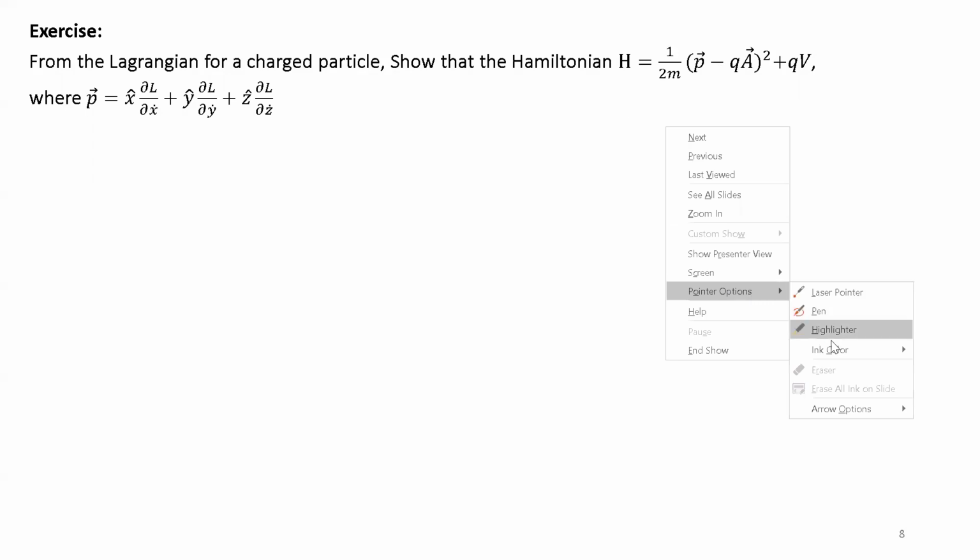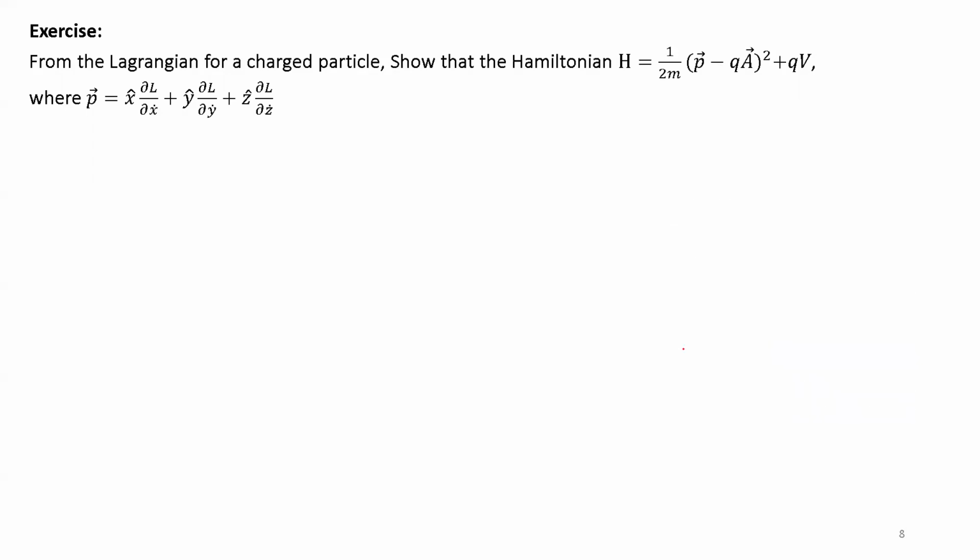Remember how we got the Hamiltonian from the Lagrangian: it's always equal to the summation of p_i q_i dot minus L. If you use this definition, you should be able to verify that the Hamiltonian is written like this. I think I will have to stop here now.